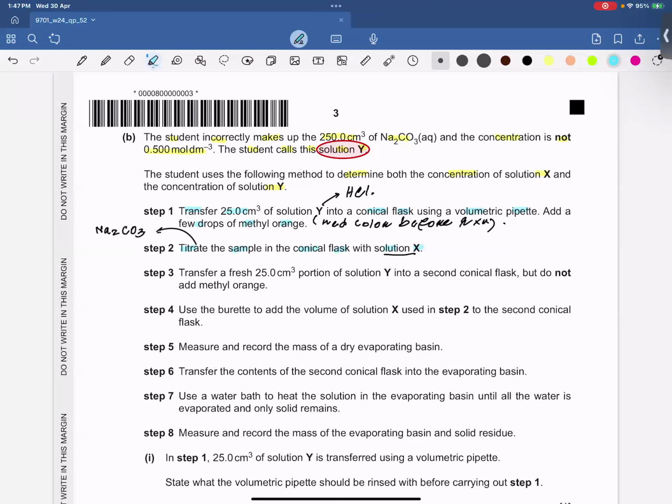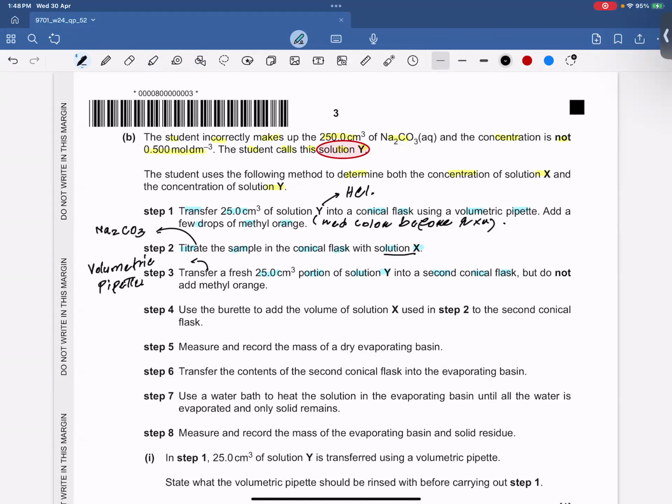Transfer a fresh 25 cm³ portion of solution Y into a second conical flask, and we need to transfer this using a volumetric pipette. So technically we are doing two different sorts of titrations.